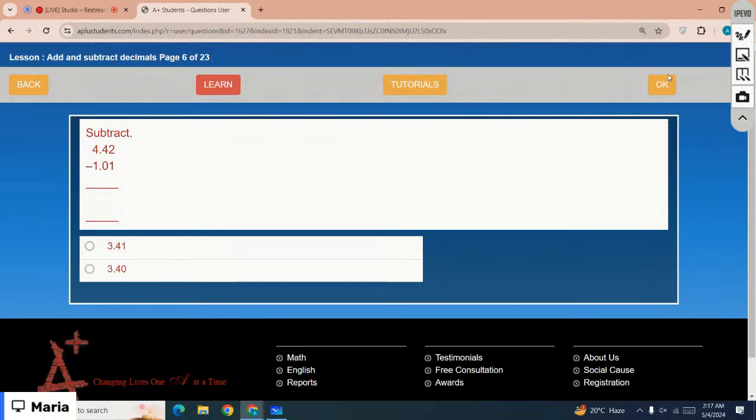Next, 4.42 take away 1.01, which is the correct option? The correct option is 3.41.